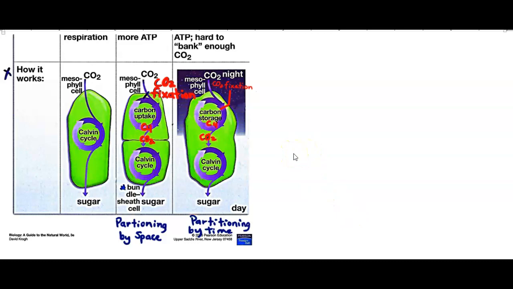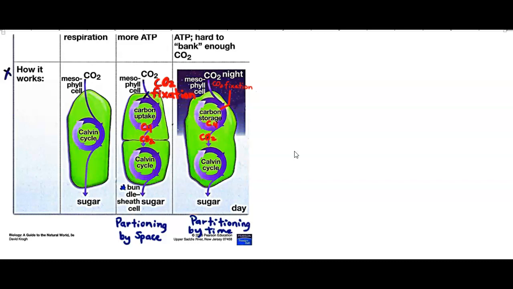CAM plants, desert plants: it's really hot during the day. They're going to close their stomata during the day, so there's no gas exchange taking place at all. They open their stomata at nighttime, so at nighttime there can be gas exchange.